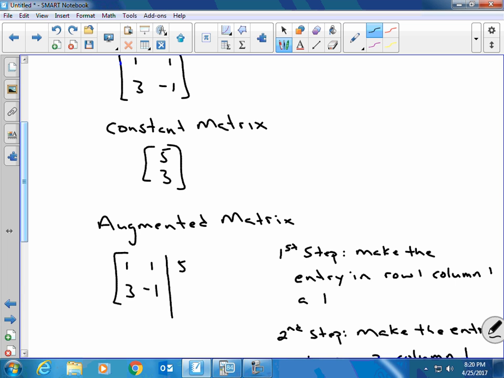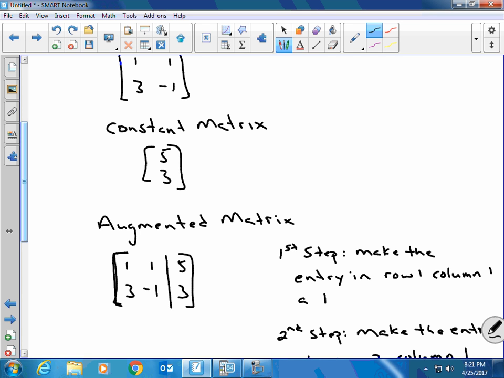It's separating my 2 matrices, my coefficient matrix and my constant matrix. The notation for a matrix is a squared-off bracket, not a parentheses. That represents that this is a matrix. And now I have that system of equations represented by an augmented matrix.